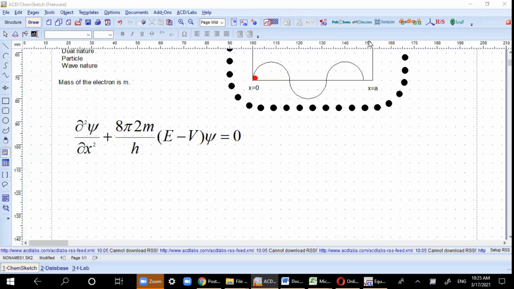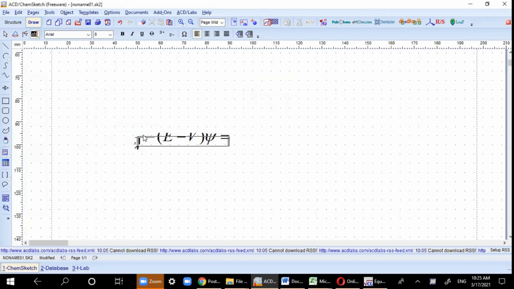In such a case, we will be using the partial differential equation. Dou square psi by dou x square plus 8 pi square m by h square into E minus V into psi.